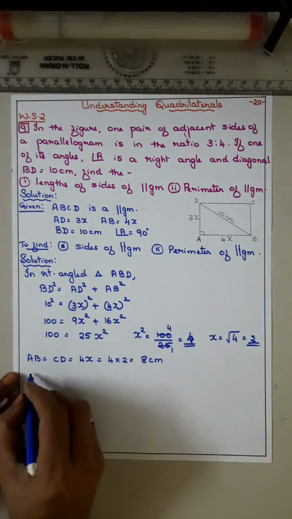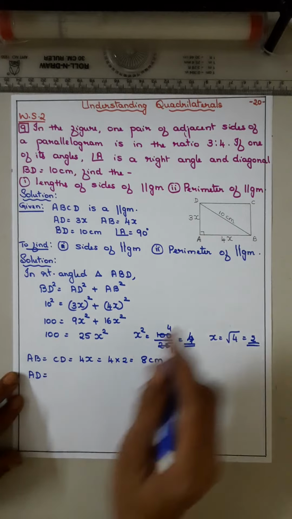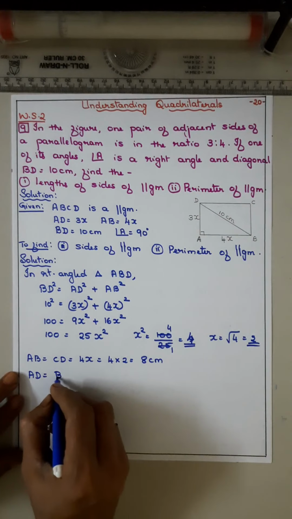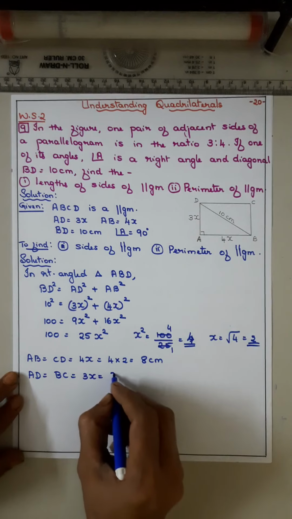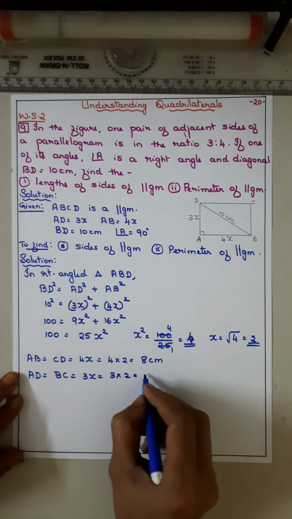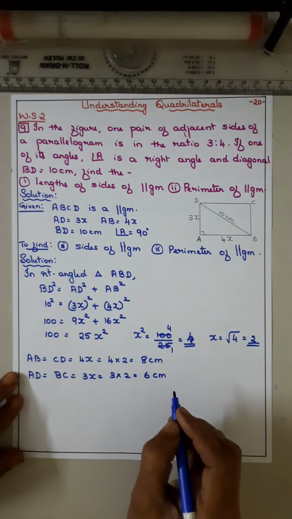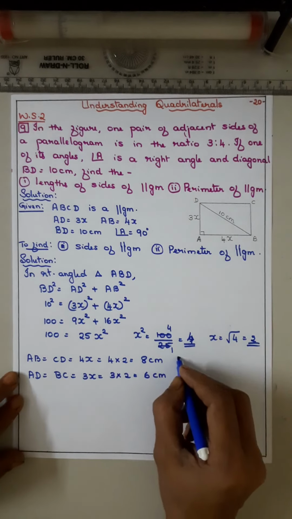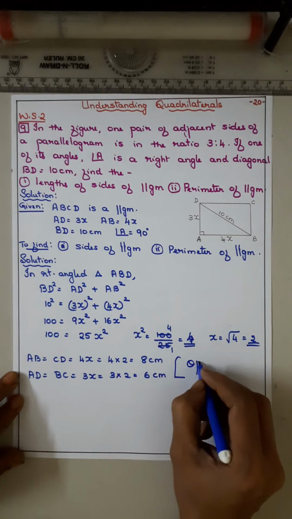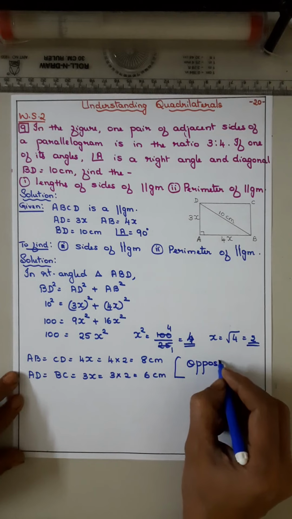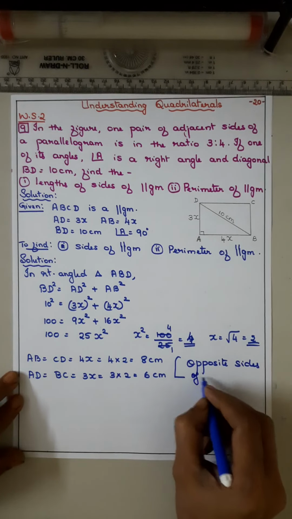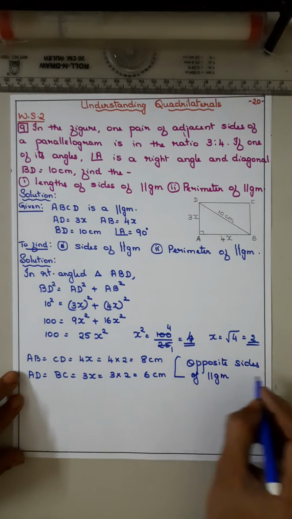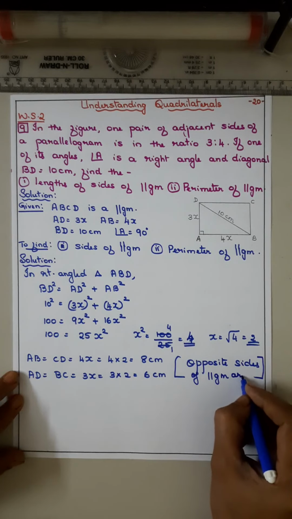Now, AD is equal to BC is equal to 3x is equal to 3 into 2 is equal to 6 centimeter, and you will write why: opposite sides of a parallelogram are equal.